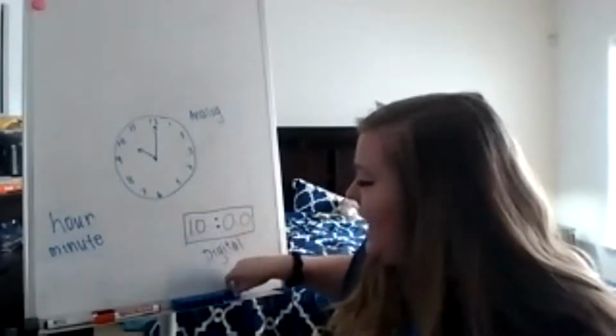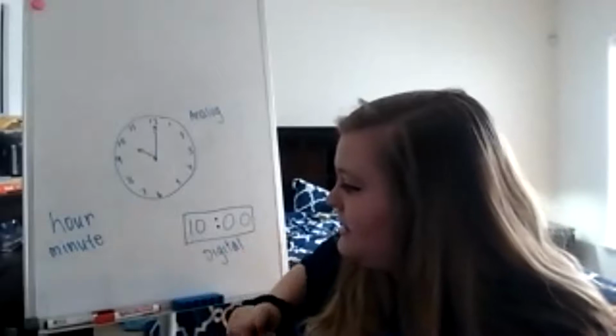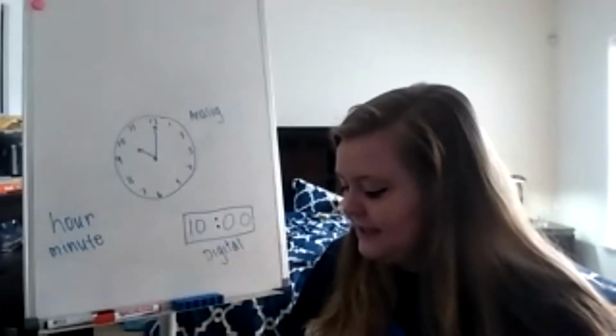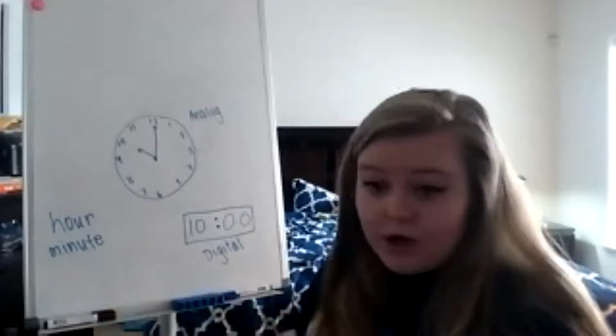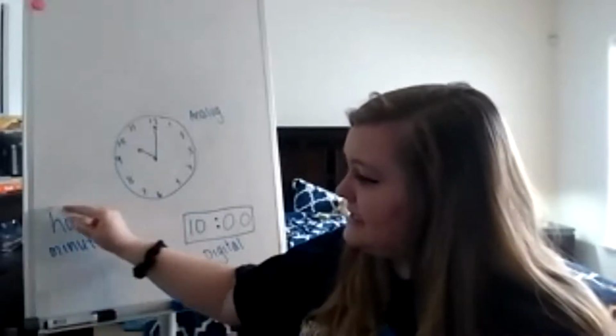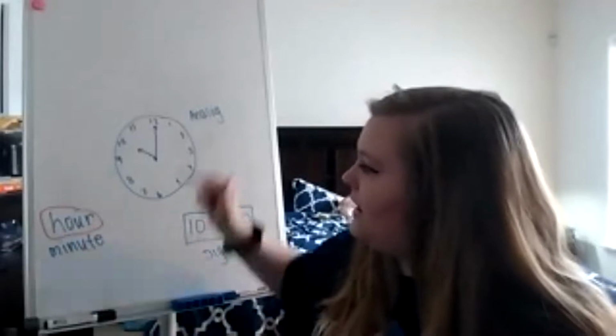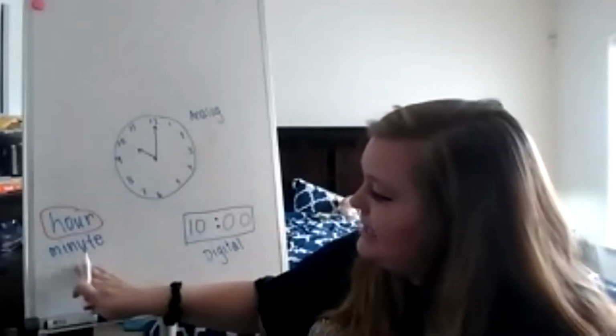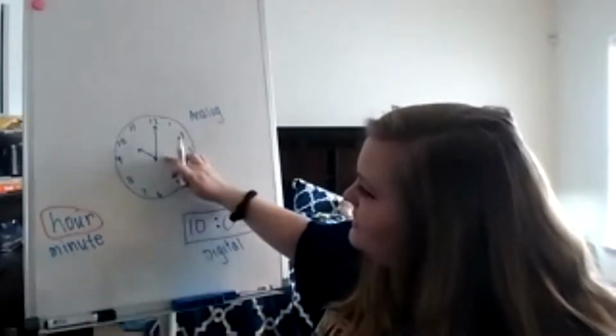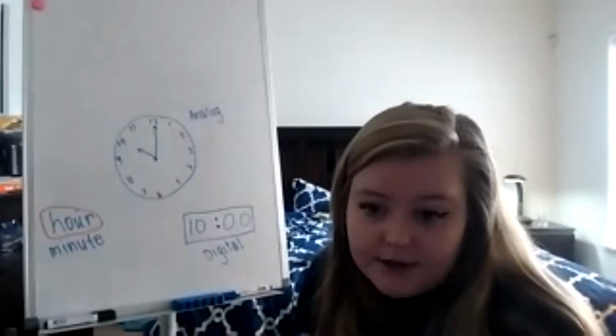Hour. Hour only has 4 letters and minute has 6. So hour is the smaller or shorter word. So since hour is the shorter word, it is also the shorter hand on the clock. Minute is the longer word, so it is the longer hand on the clock.